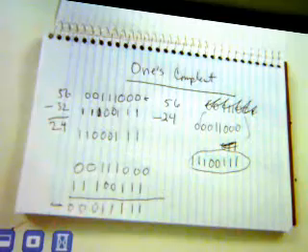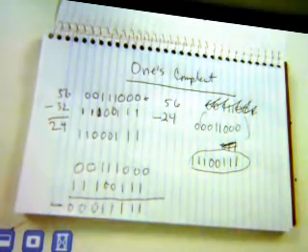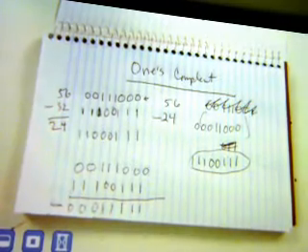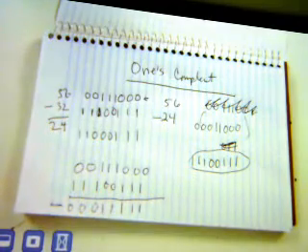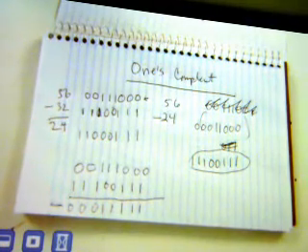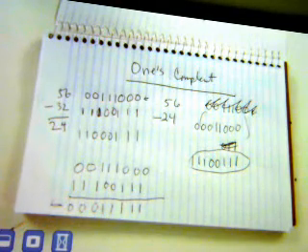Yes, sir. My question is, for one's complement, we flip all the numbers, correct? We flip the ones to 0 and 0 to 1. When we made it a binary number, did we flip them for the bottom two that you added?